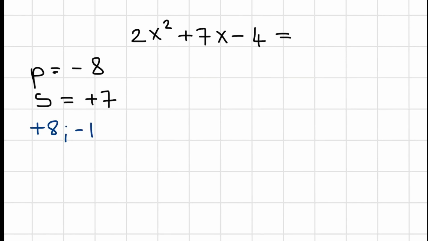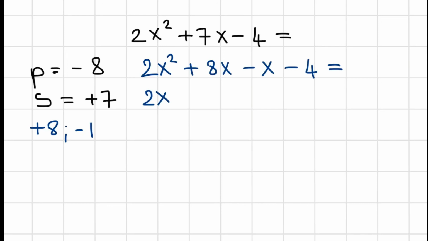So you would substitute these in here: 2x squared plus 8x minus x minus 4 equals. We have to factorise. The common divisor here is 2x. Our quotient would be x plus 4.